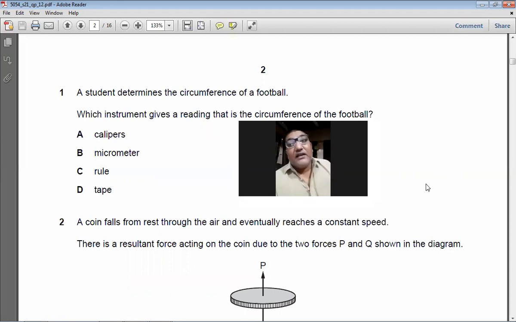A tape can directly measure the circumference, because you can wrap the tape around the football. So I think D is the right choice.